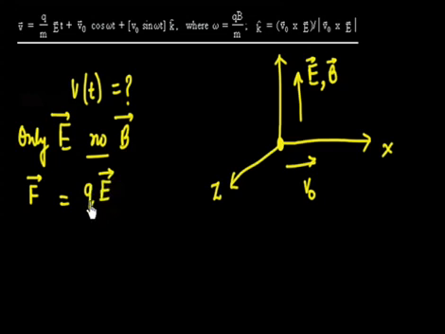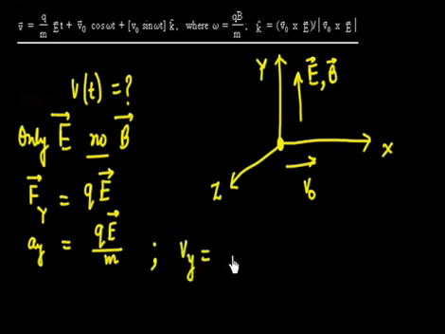What is the acceleration in the y direction? This is my y-axis, and this force is in the y direction. So the acceleration in the y direction is nothing but qE divided by m. So I can calculate the velocity in the y direction. Vy is equal to u, initially u in the y direction is 0, plus a into t.